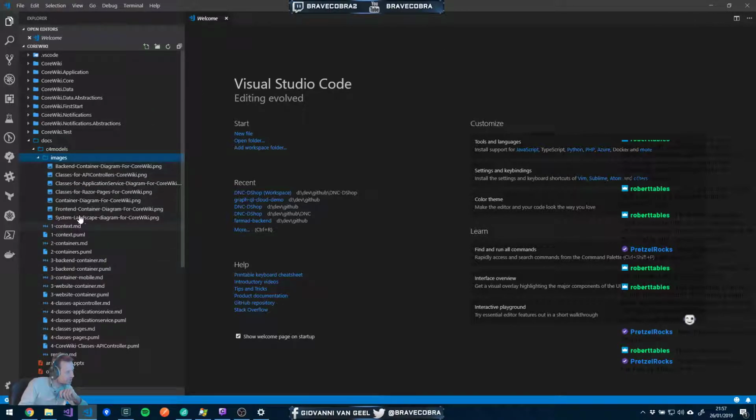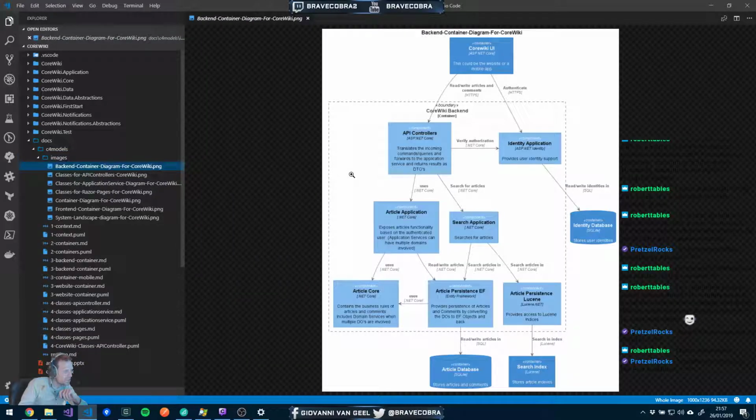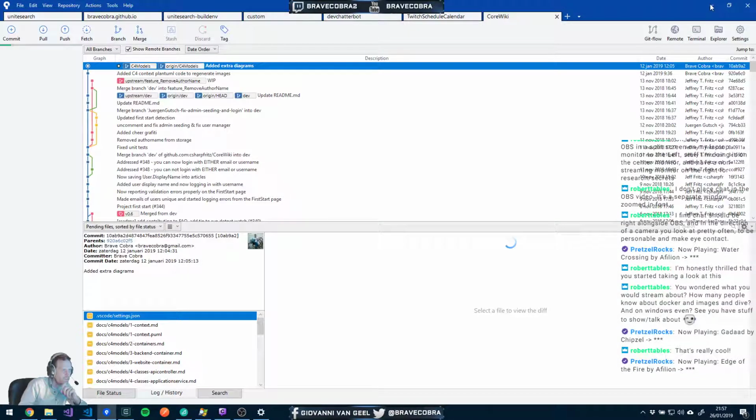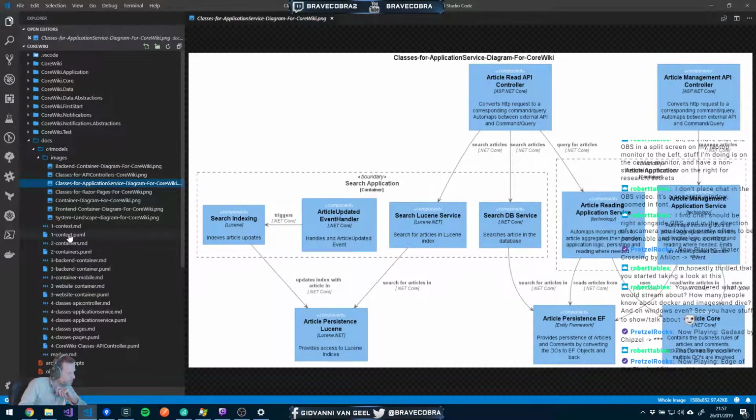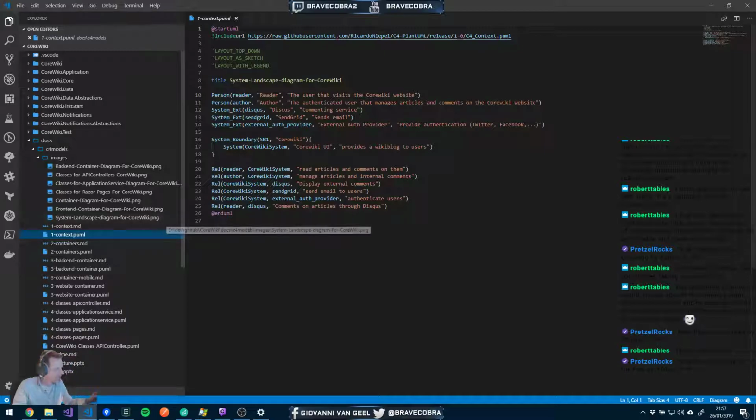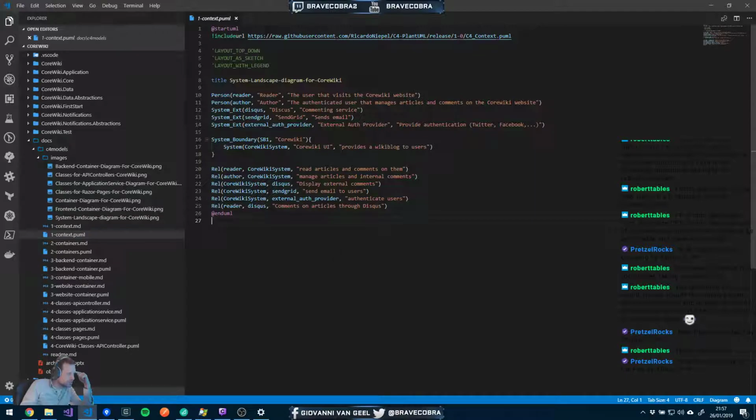So these are the diagrams that I made some time ago. Is this a new one already? Probably is. So these are the ones that got generated based on the, yeah, okay, here we go. So what this does is you describe in PlantUML the system.